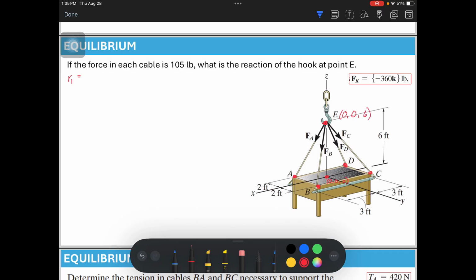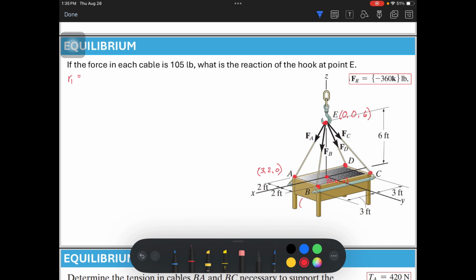Positive dahil upward. So, si point A, anong coordinates niya? Meron siyang X. X is measured 3 feet. Ang Y coordinate niya is negative 2. And then Z niya ay 0.